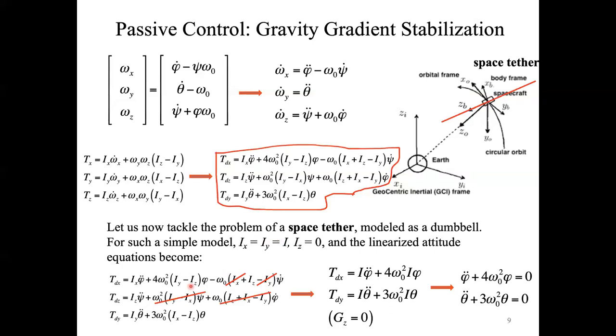Since I zeta is equal to 0, this term is fully 0, and also this one, because the moments of inertia along y and along x are identical. So at the end, you can even have a simplified equation for these.